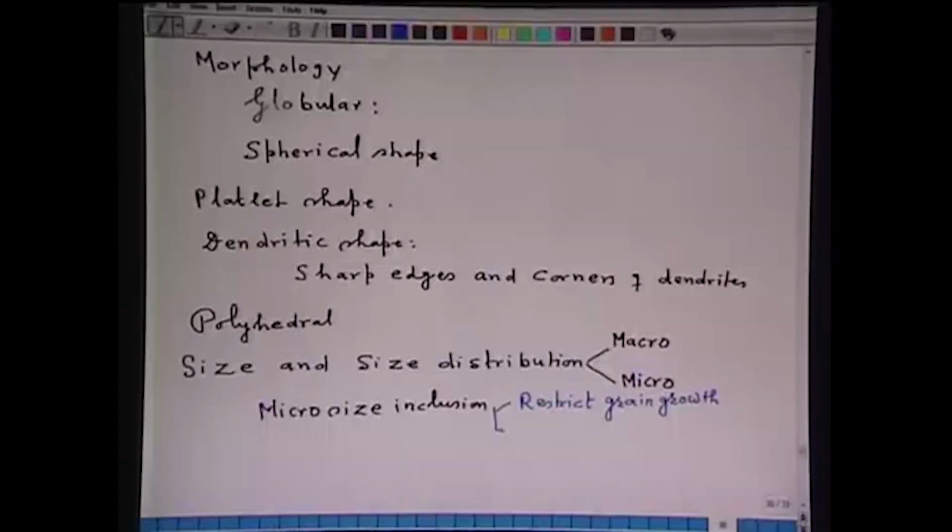Second important point that is in favor of micro inclusions is that they increase yield strength and hardness. Naturally, they are micro sized inclusions and they are distributed well in the matrix.